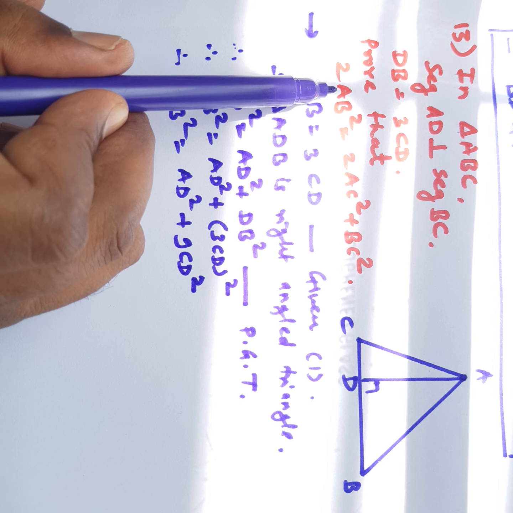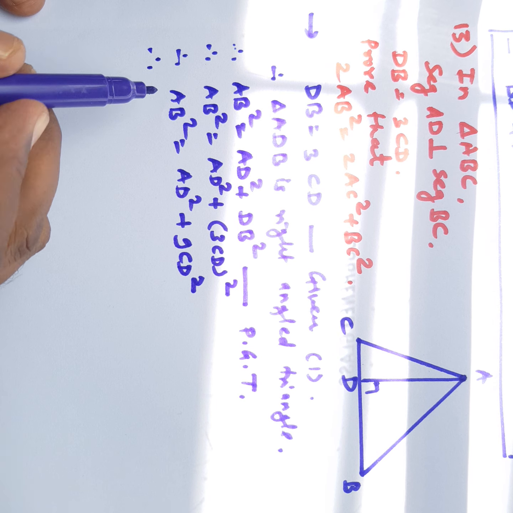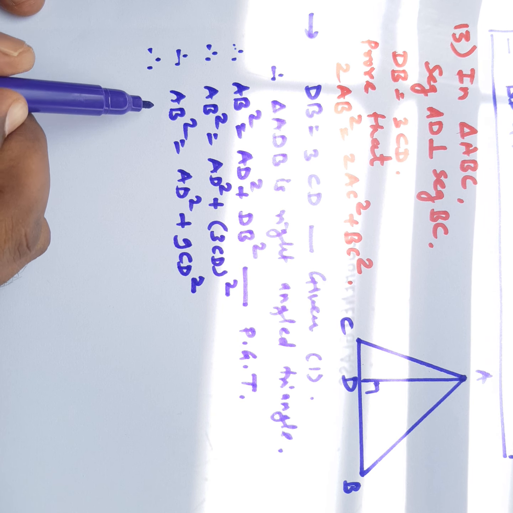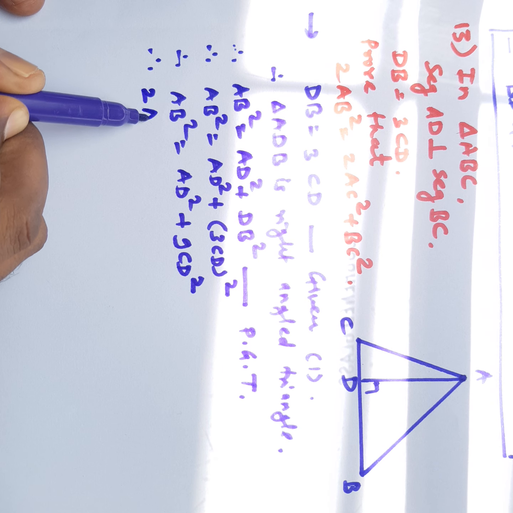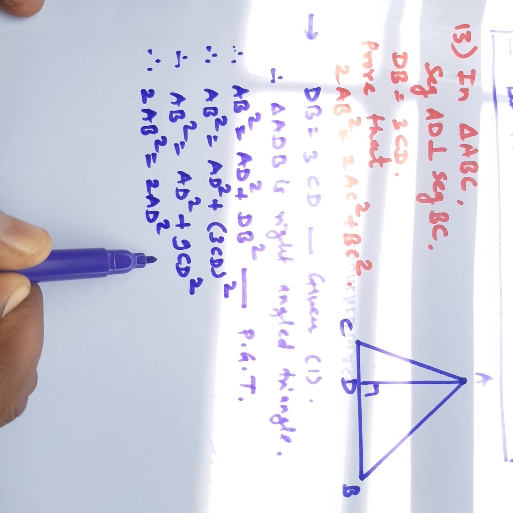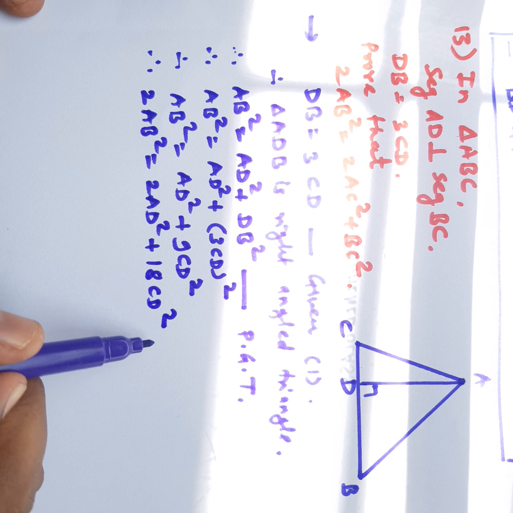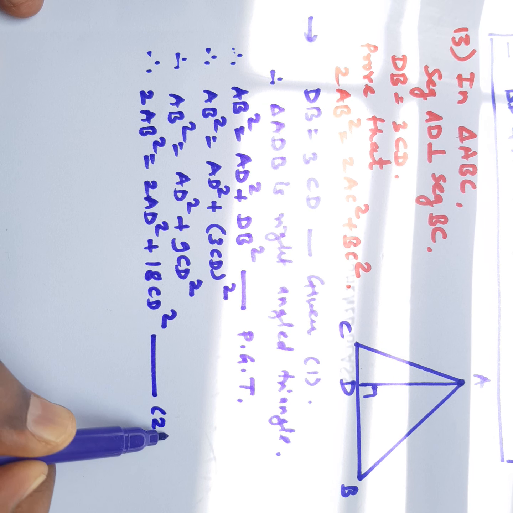Here our left hand side is 2AB square. Therefore we will first multiply all terms by 2. Therefore 2AB square is equal to 2AD square plus 18CD square. Call it equation 2.